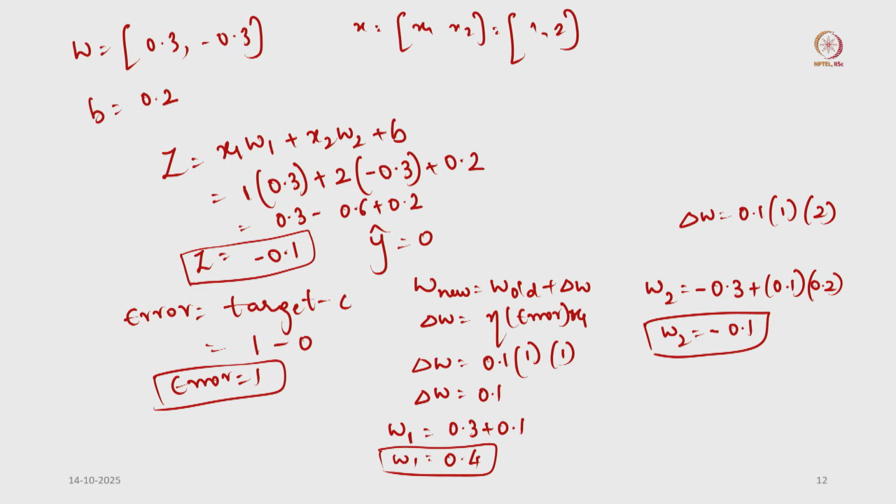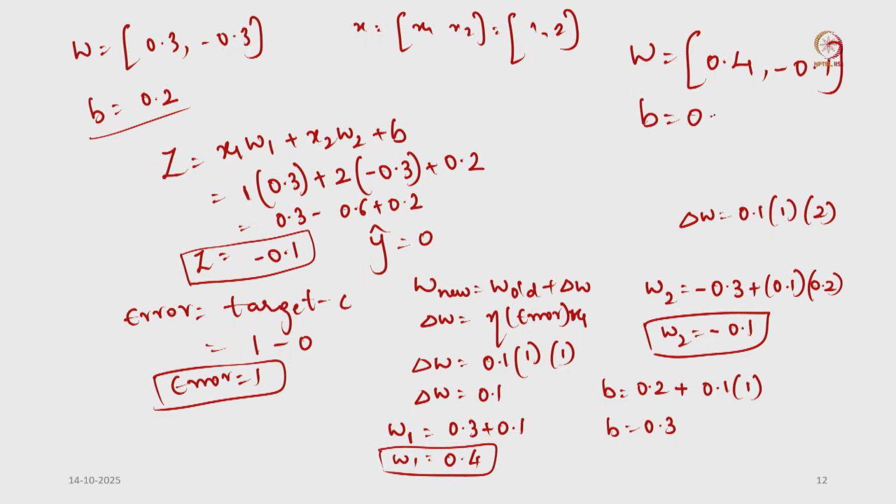Similarly, when we go back and calculate the bias, let us see. What is the old bias value? The previous bias value was 0.2 plus the learning rate 0.1 times the error 1. So the bias we are getting is 0.3. With this, the new parameters W are 0.4 and minus 0.1, and the bias is 0.3.